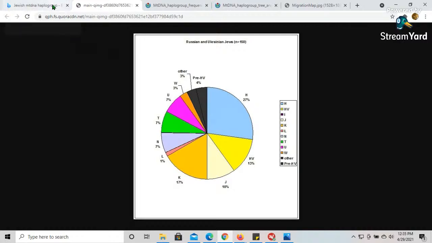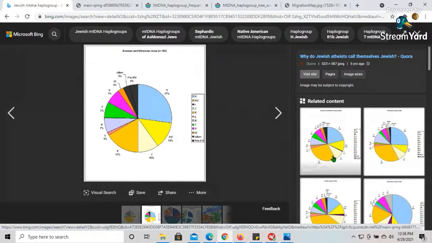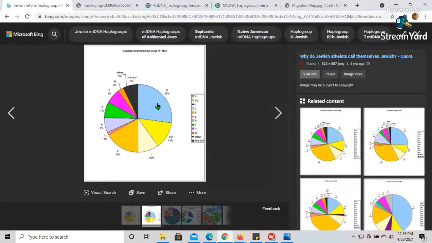So that's almost entirely Semitic. The same signature. It's almost entirely the same signature. And remember, the K is common. The K, the T, and the J, and the H, and the V.